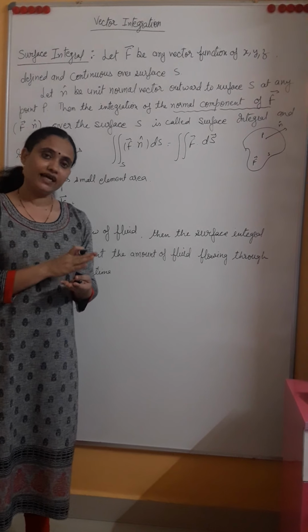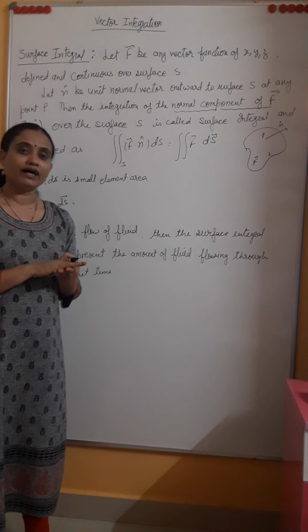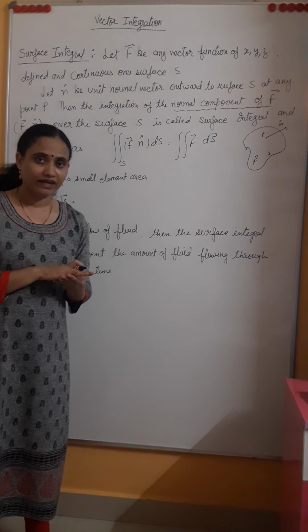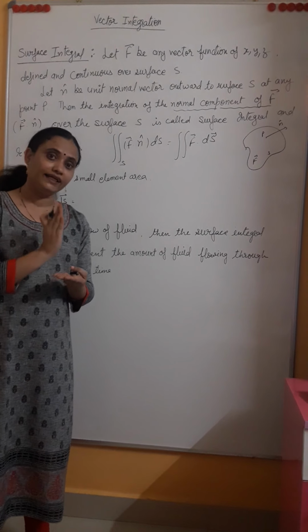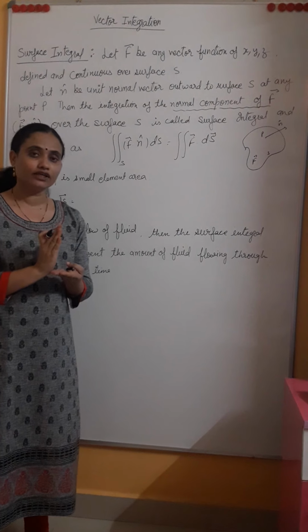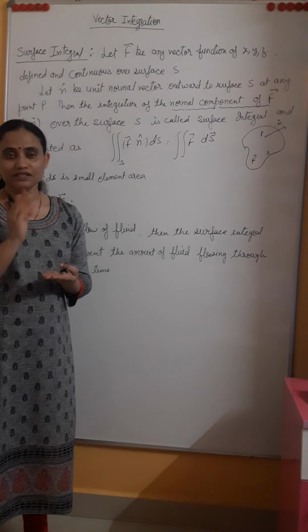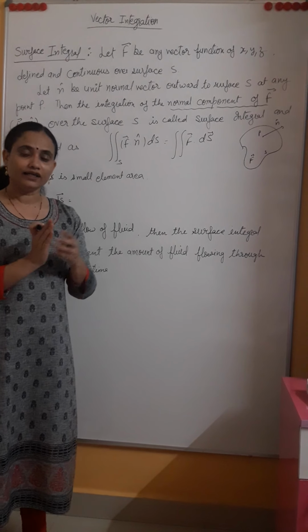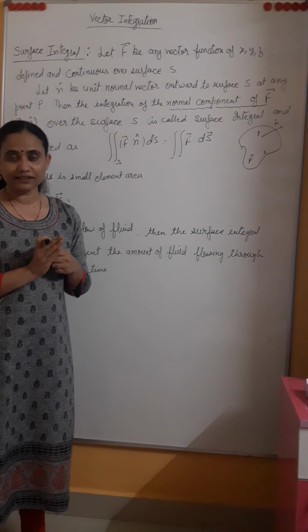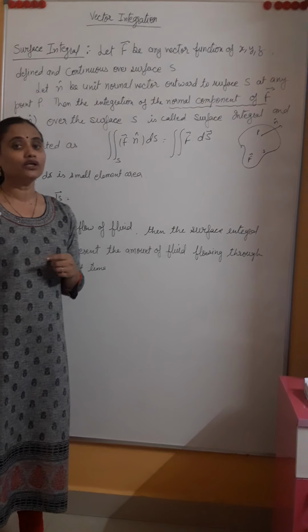What is the normal unit vector for the xy plane? For the xy plane, the normal is in the z direction, and along the z direction the unit vector is k cap. Similarly for the yz plane, the direction would be the x axis, so the unit normal vector will be i cap.